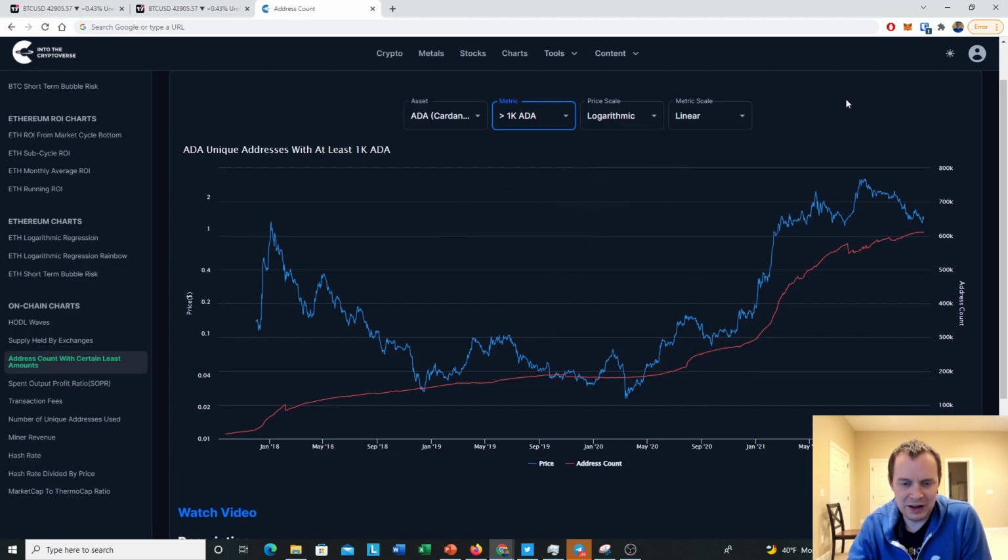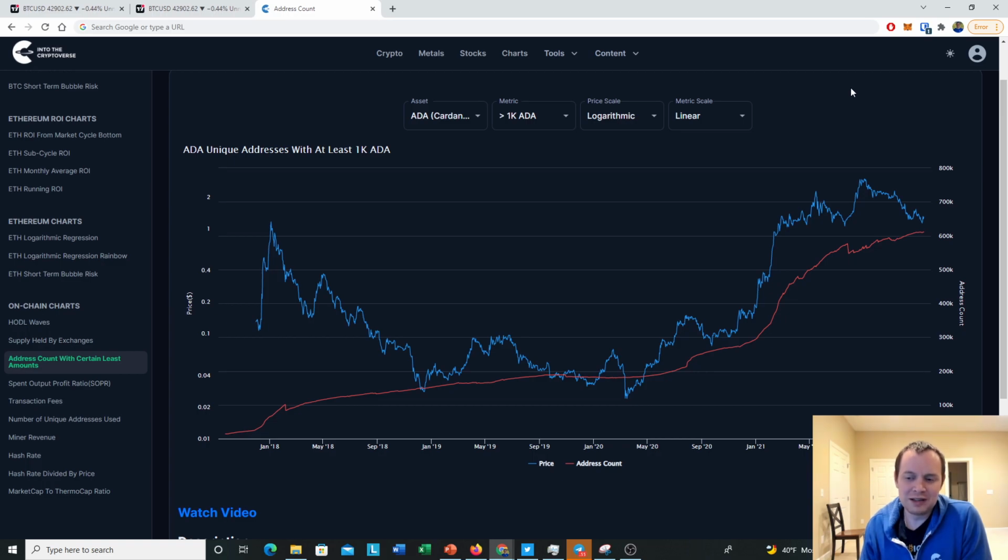Let's look at 1,000 ADA. So now this is a consequential amount of ADA, right? You're talking about investors that are holding approximately $1,200 worth of ADA in their wallet. And again, that's not a small amount of ADA. That still is a decent investment by a lot of people, holding at least 1,000 ADA in their wallet.